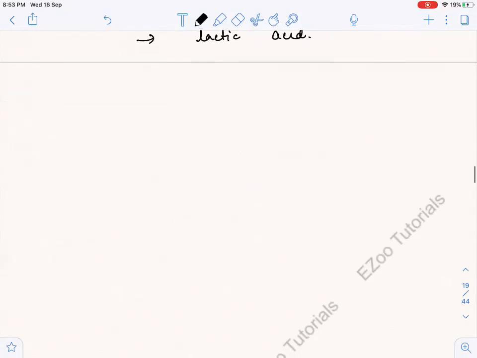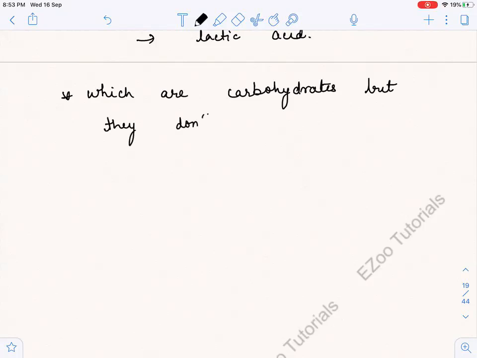Now let us see which are carbohydrates, the second thing. These are carbohydrates but they don't follow the general formula of carbohydrates. What are these? Deoxyribose. What is the formula for deoxyribose, guys?